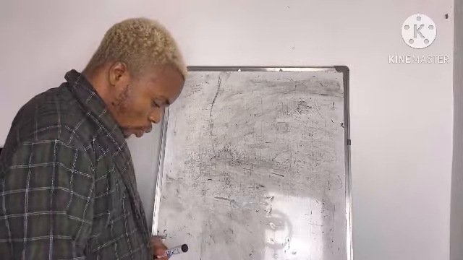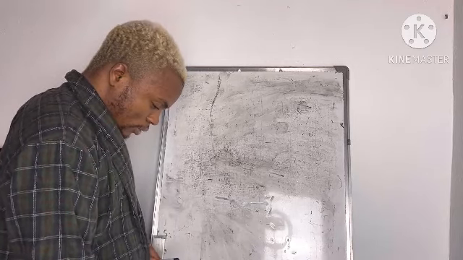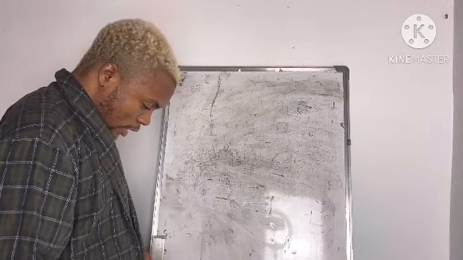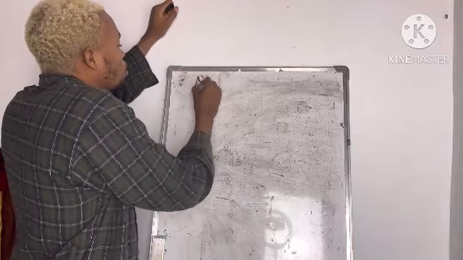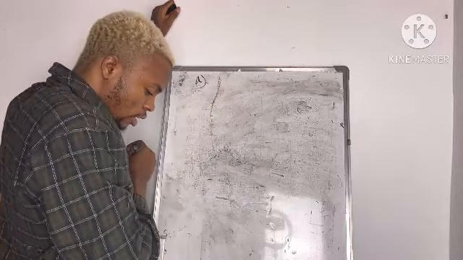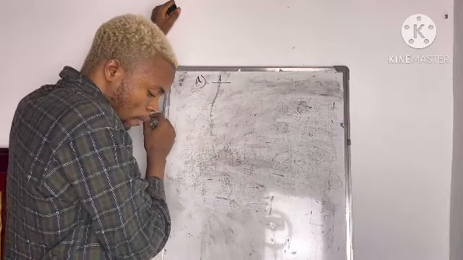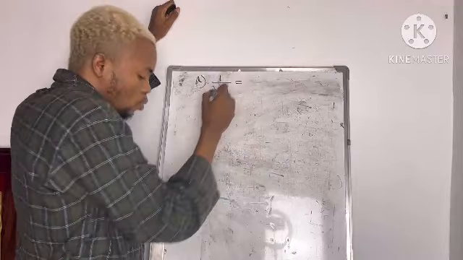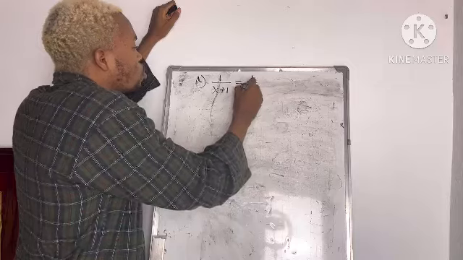Talking about the equations, let's move on to the first one. Let's say the first one is going to be really easy for us to start with. 1 over x plus 1 equal to 1 over 2x.